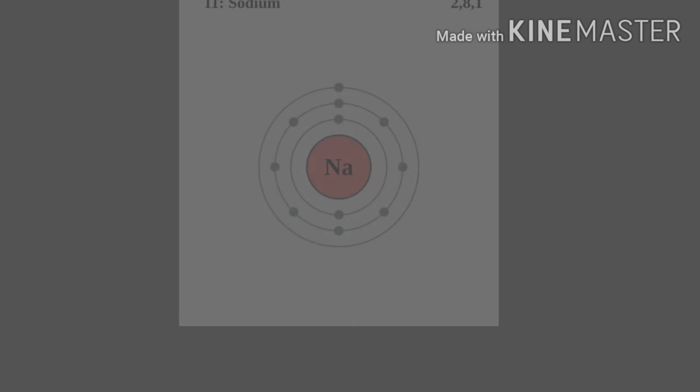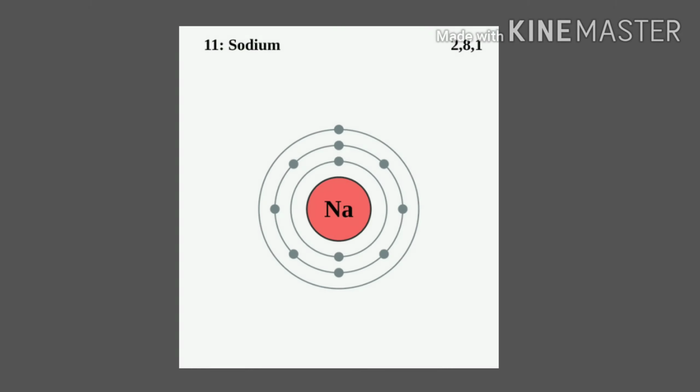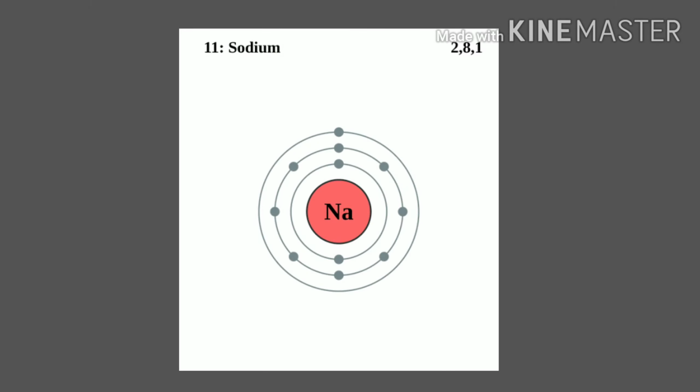So you remember that the number of electrons lost by a metal is the valency of the metal. And also that the valency of all metals and hydrogen is positive, whereas the valency of non-metals is always negative. And you remember that metals always lose electrons and non-metals always gain electrons.